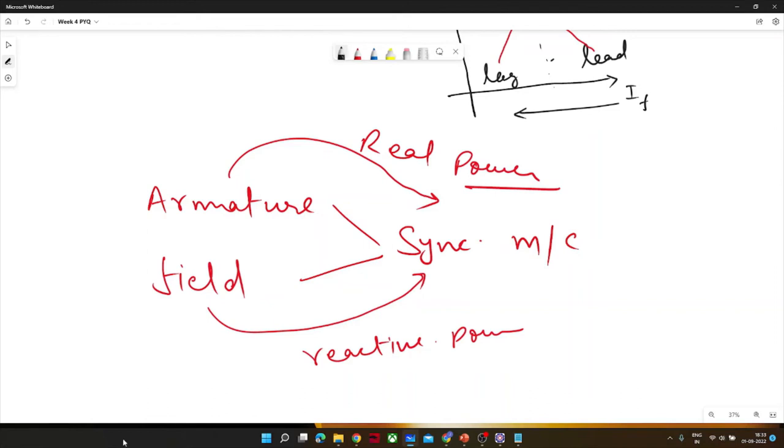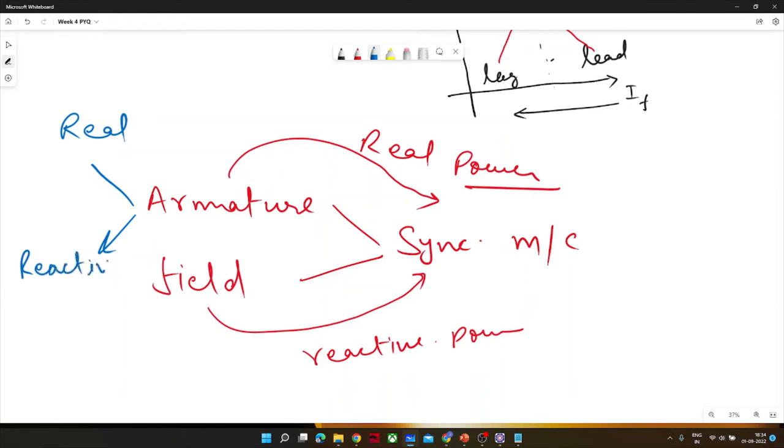Now, let's say the reactive power provided by the field winding is less. Armature has to compensate for that, and to compensate, armature would now have two components: one for real power and one for reactive.